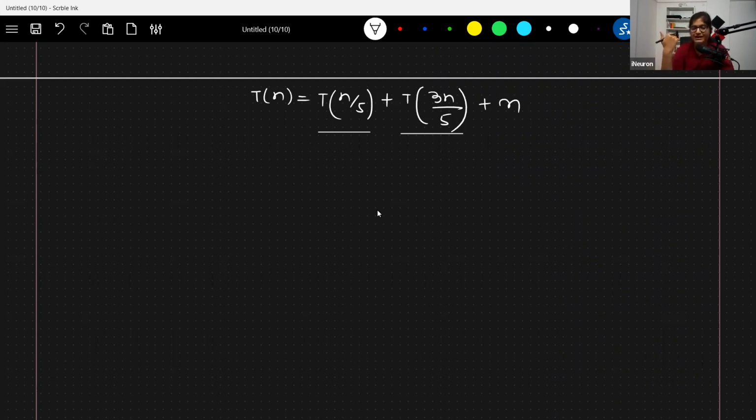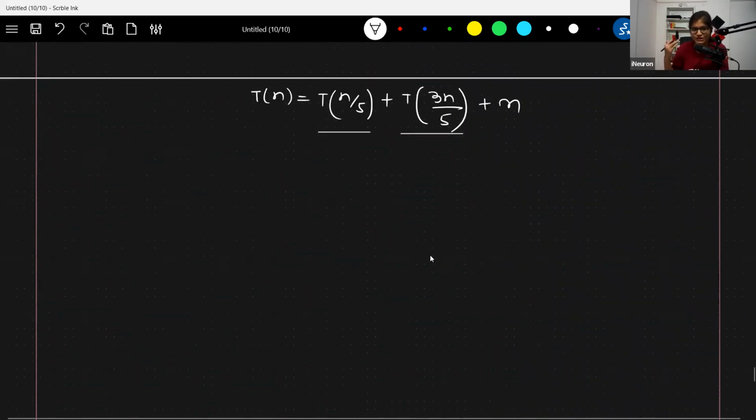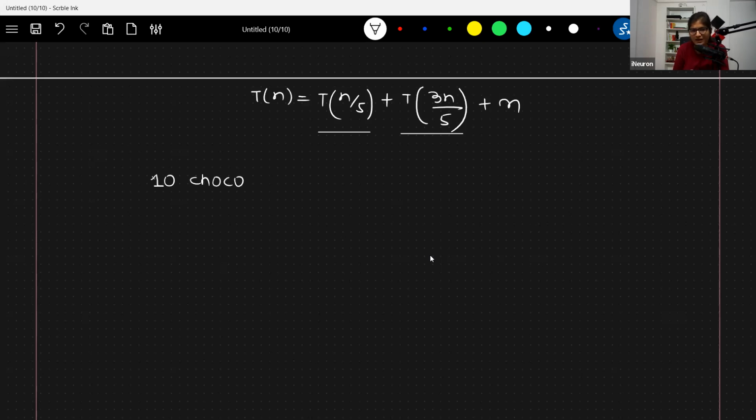So basically what we have been doing until now is, let me give you one example. I think that would be better to make you understand. What can be the example I can give you? For example, I am saying that I have 10 chocolates, 10 choco bars.